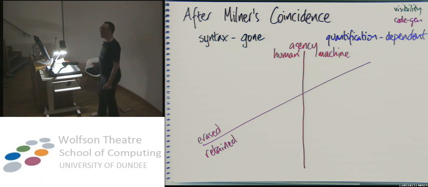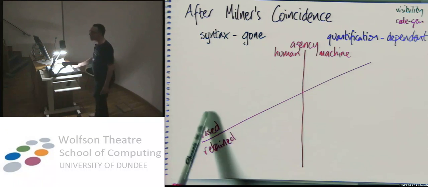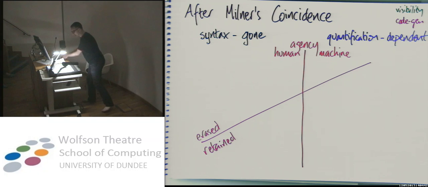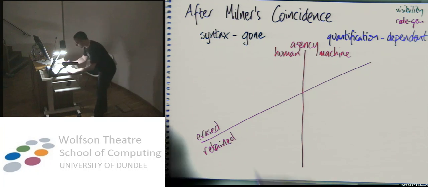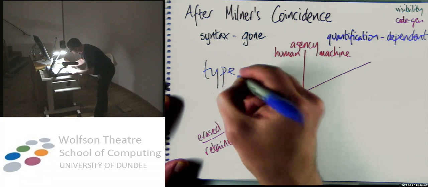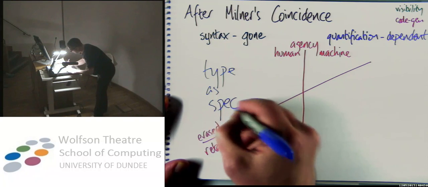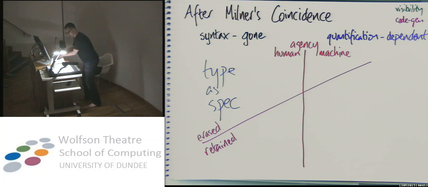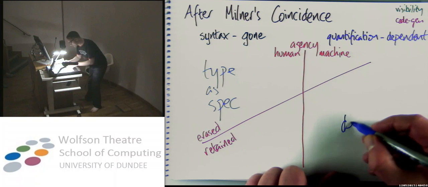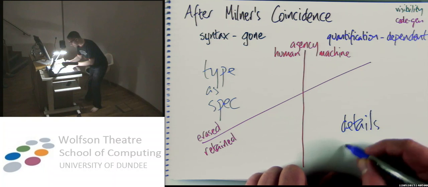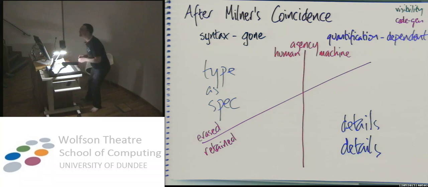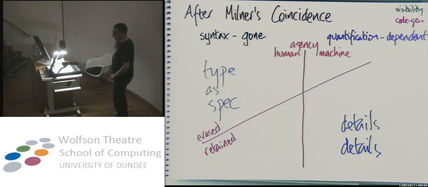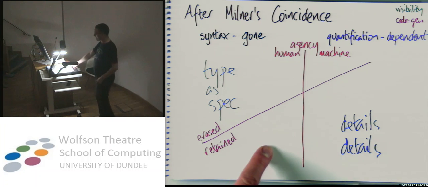And similarly, if we are able to write things which live here, so this is really type as spec. And this is details. The more you've discovered, so these are the details that you have to write.